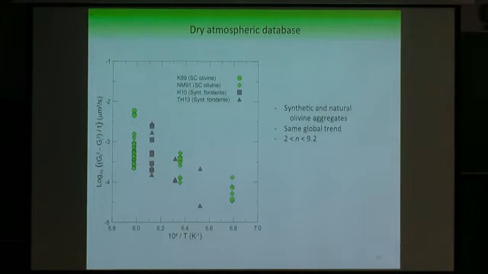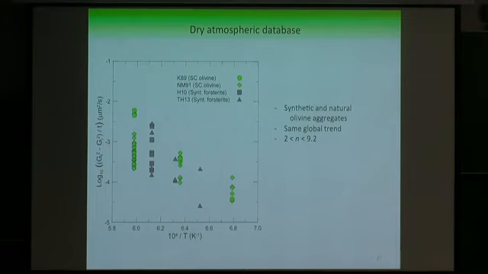So here is the same kind of plot, where we have the grain growth rate as a function of reciprocal temperature. And so we have two kinds of experimental samples. First of all, we have the gray data points here, which represent synthetic forsterite. And in green, we have naturally derived olivine aggregates.